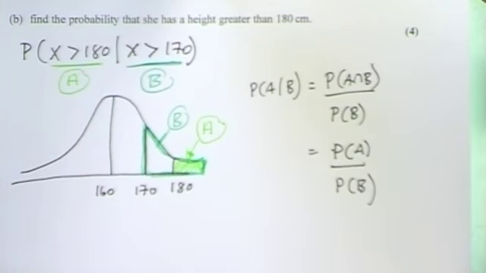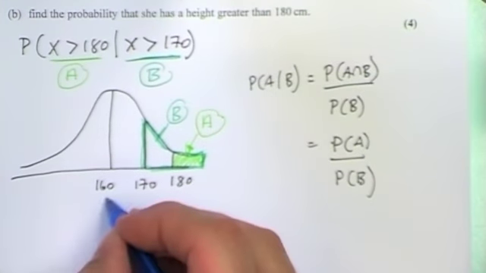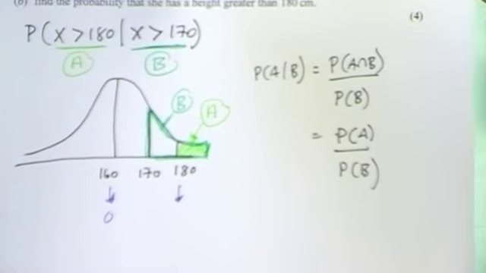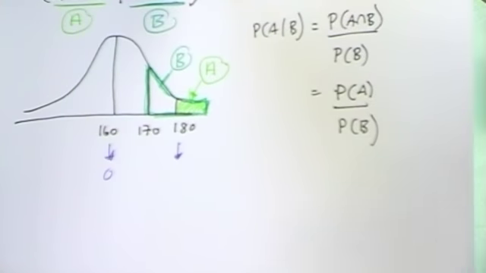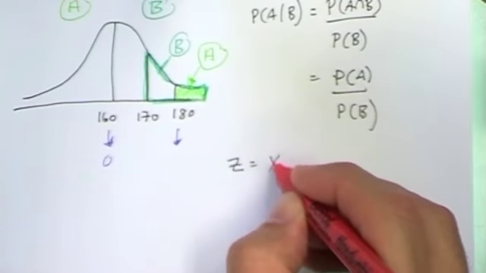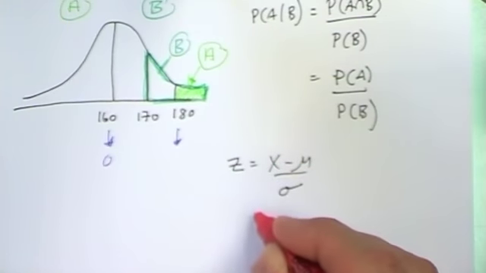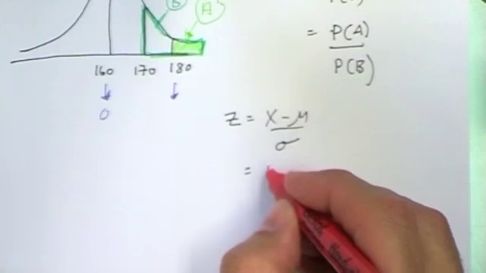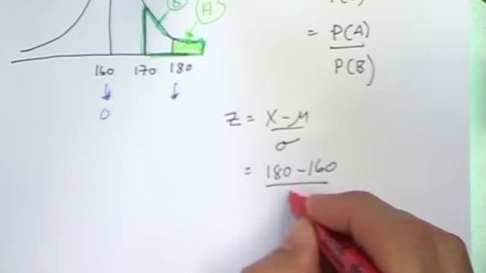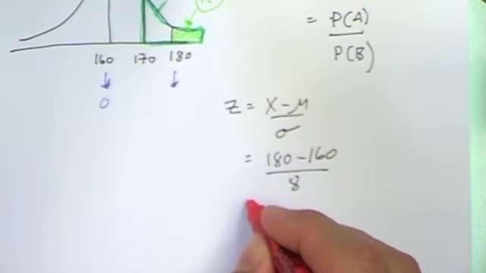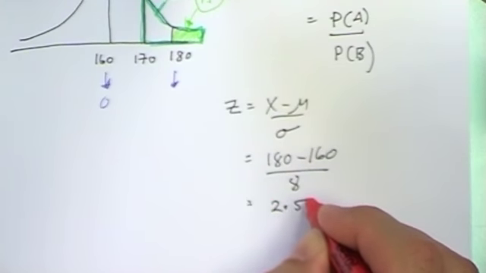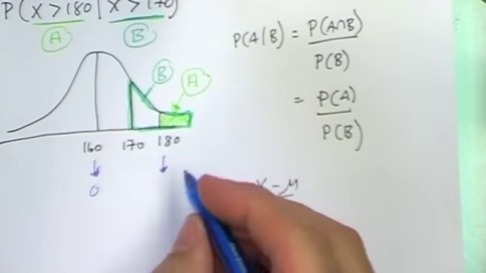We need the probability of x being greater than 180. So let's use our z values. The mean goes to 0. We calculate it: z equals x minus mu over sigma, which in this case is 180 minus 160, and sigma is 8, and that gives us 2.5.